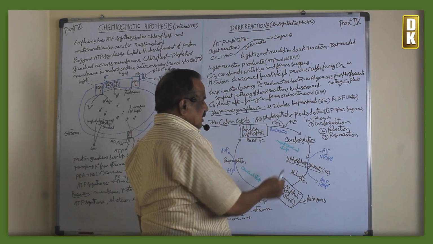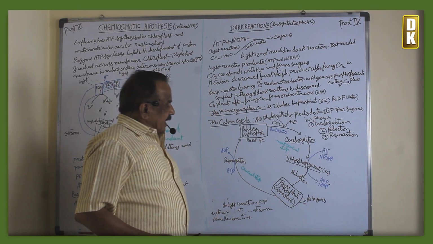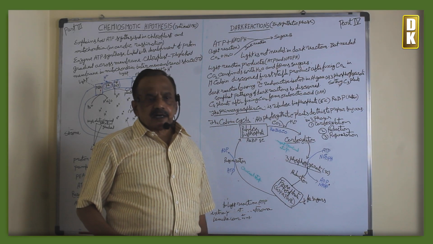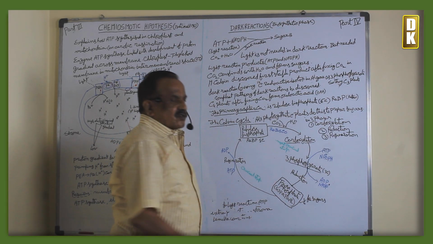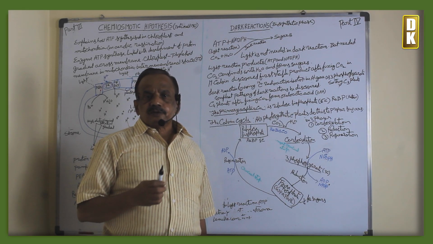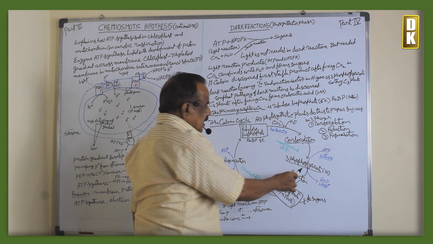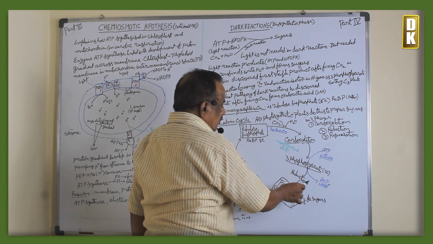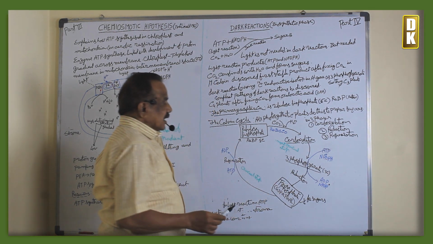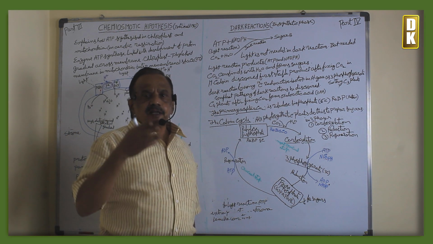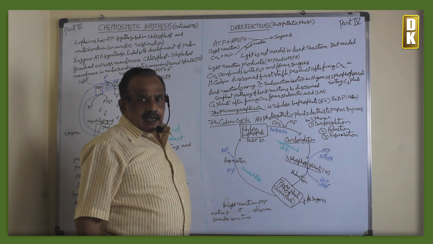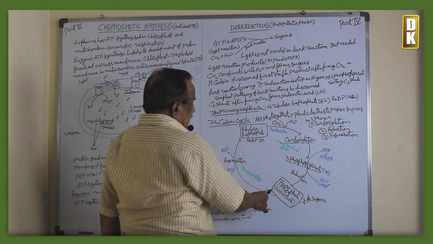Now, 3-phosphoglyceric acid takes the ATP and NADPH and reduces the carbon dioxide into triose phosphate. ATP is used as the energy and NADPH donates hydrogen, becoming NADP plus, and the carbon is combined with the hydrogen and forms a triose phosphate, which we call G3P.